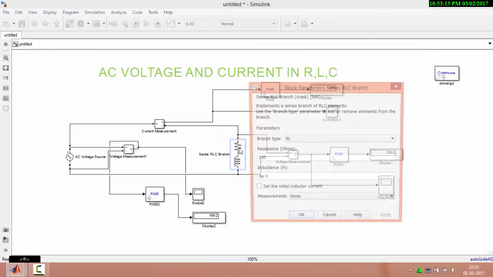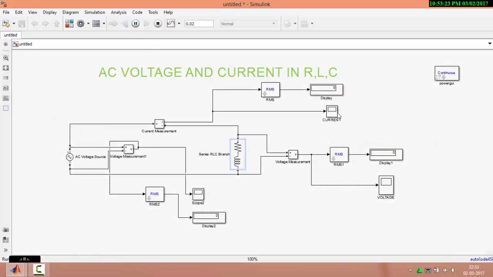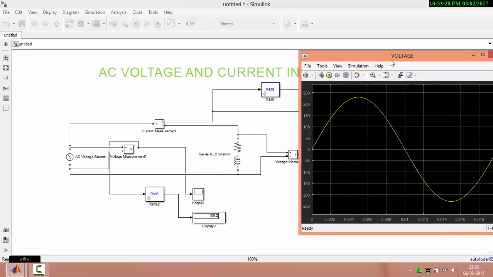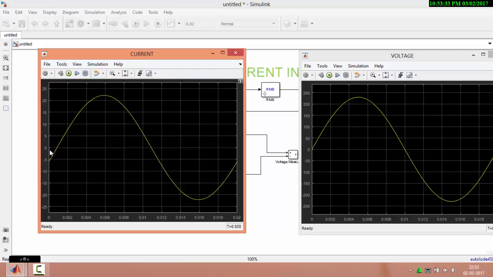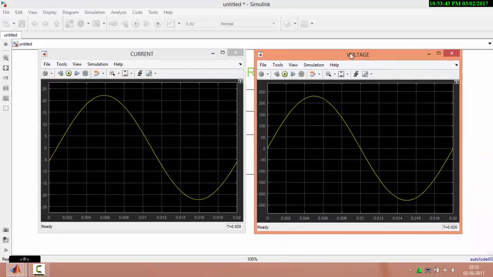Now let us go and change the value of R. Now you can see that there is some angular difference. In the previous circuit both were starting at 0 because the resistor had a higher value. Now the inductor has the dominant value and hence you have an angular difference between voltage and current.